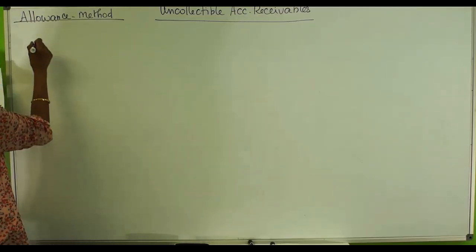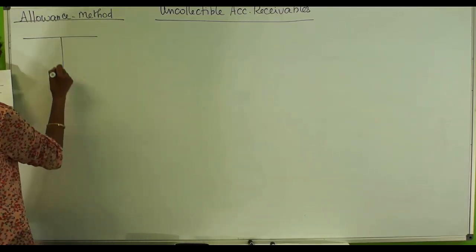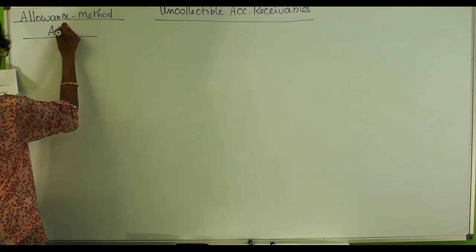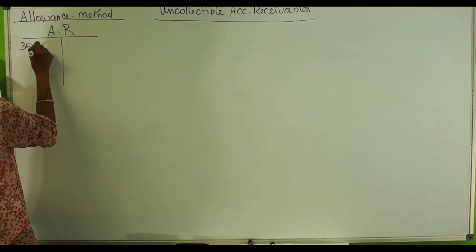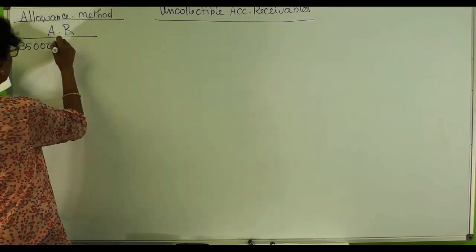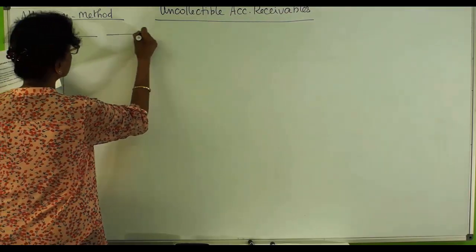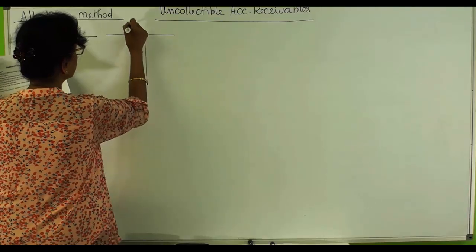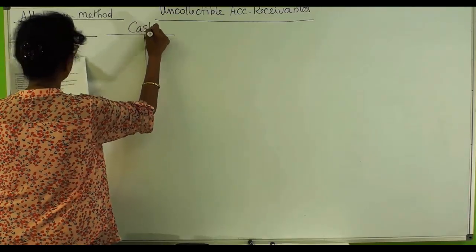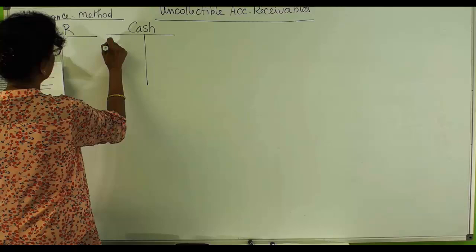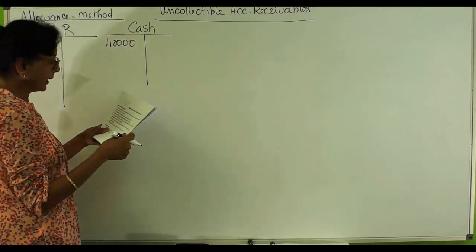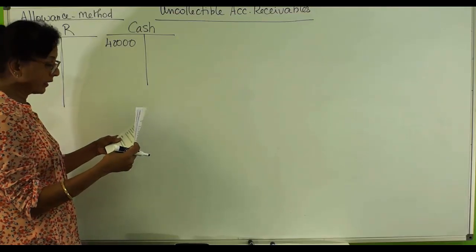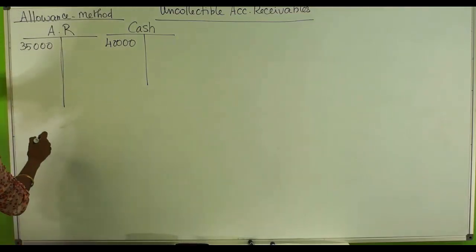So the first information here is the company has an accounts receivable balance of $35,000 and a cash balance of $40,000, and then the credit balance in the allowance at the beginning of the year was $5,000.